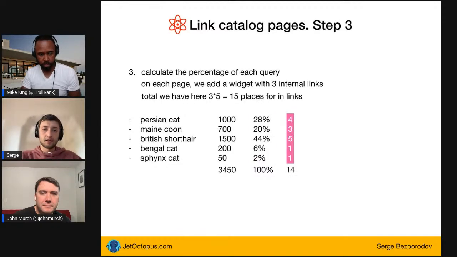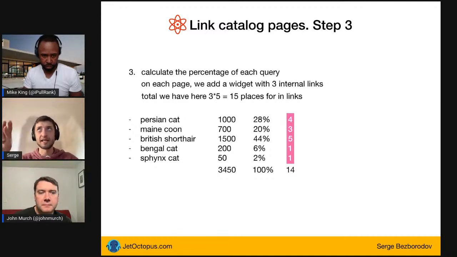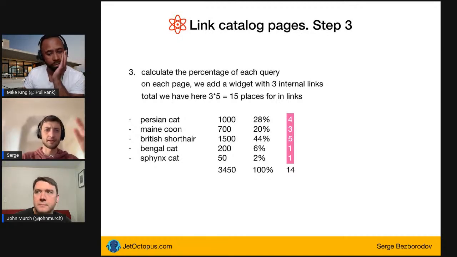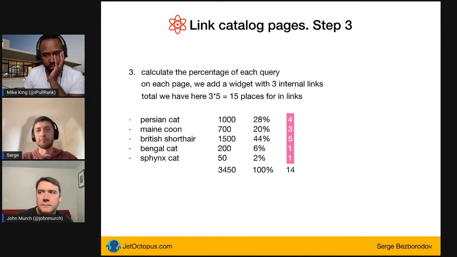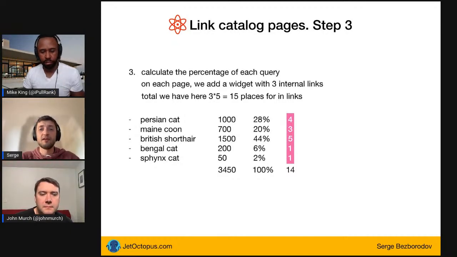And next, on every page within our cluster, we, for example, want to add 3 positions, 3 places for internal links within our content, on some place on the left, in some menu. So within our cluster, we will have 15 places for internal links. And also doing some simple math, we can get here.